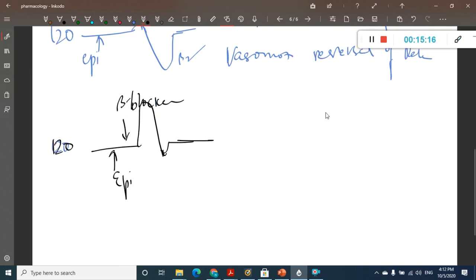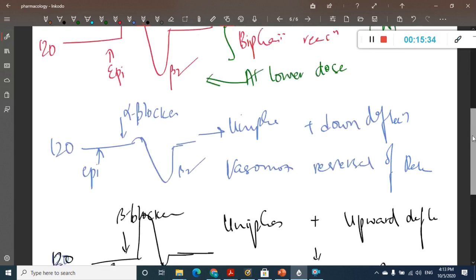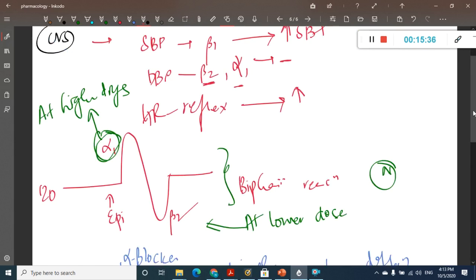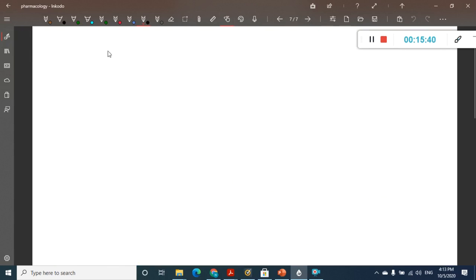This is a uniphasic response with upward deflection, and this is called vasomotor re-reversal of Dale. This is an important thing to see in epinephrine, especially in the CVS.